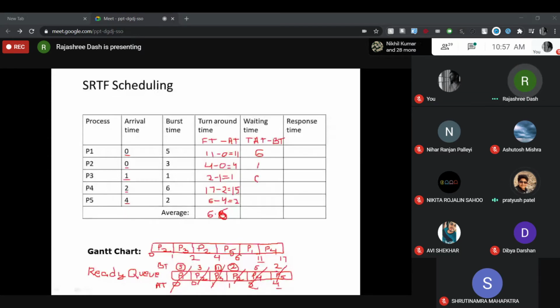For P4, 15 minus 6, that is 9. For P5, 0. What is the average value?